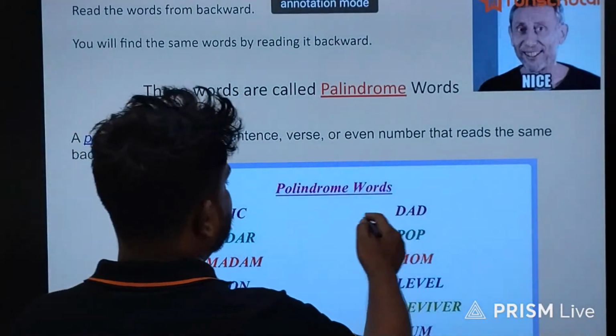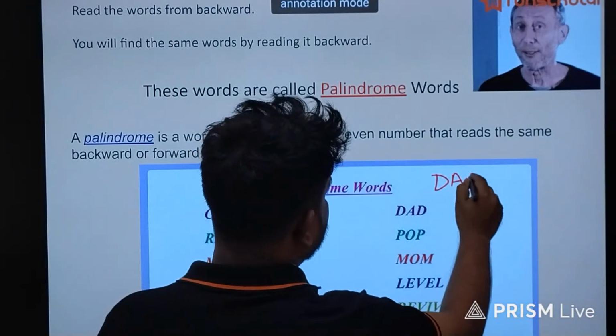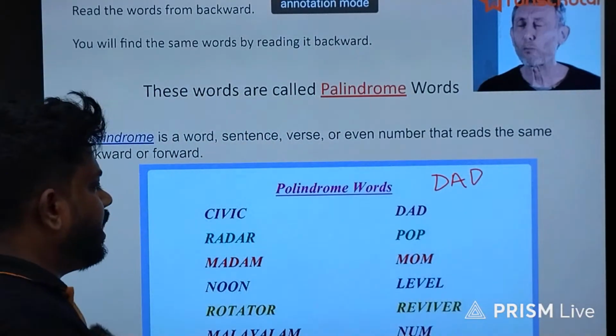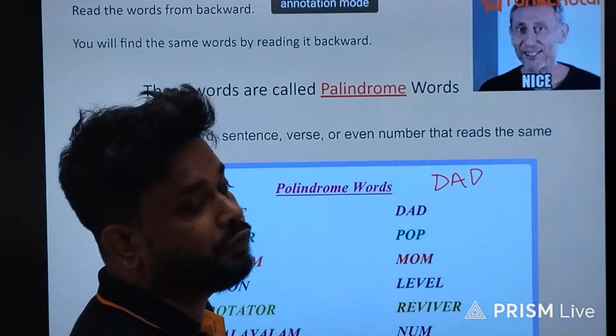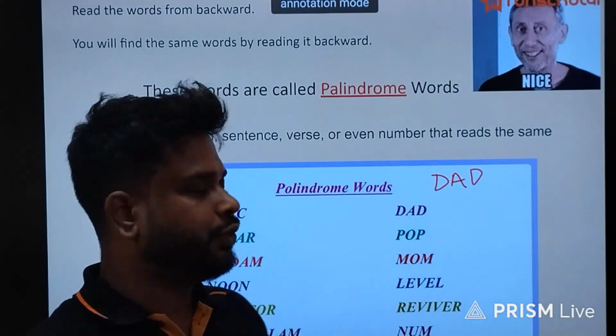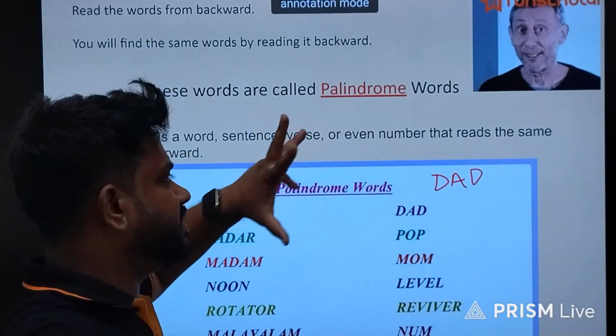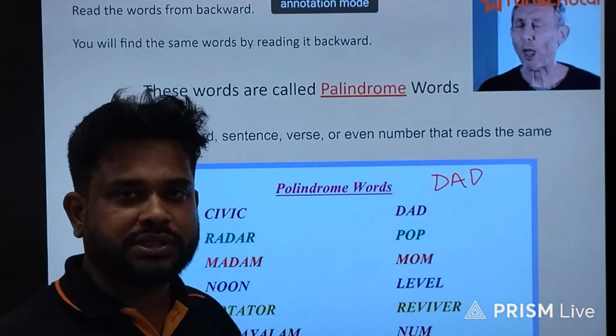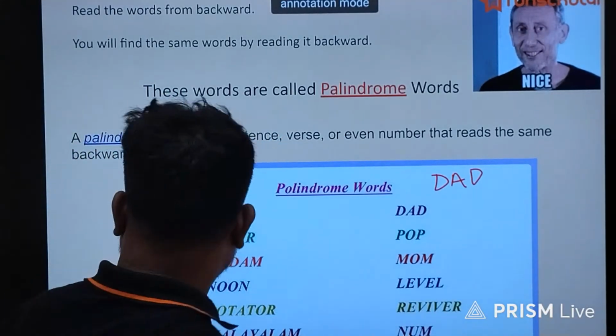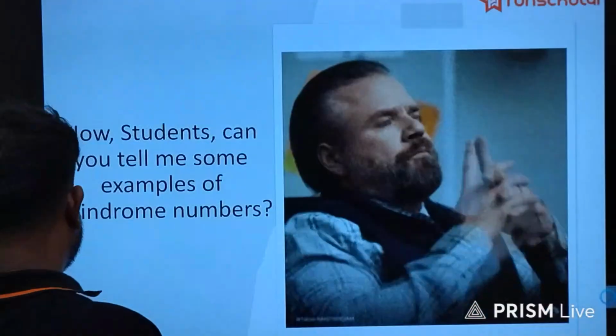Just like dad will be dad again if you flip it. Reviewer will be reviewer again if you flip it. So this is another pattern which we will be getting, but this doesn't deal with numbers, it deals with words.